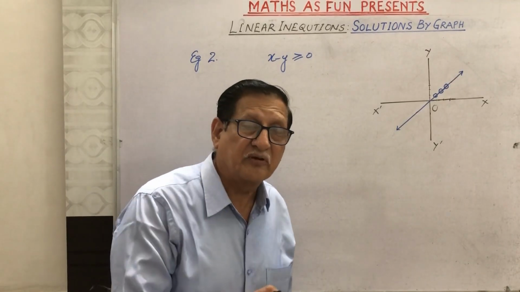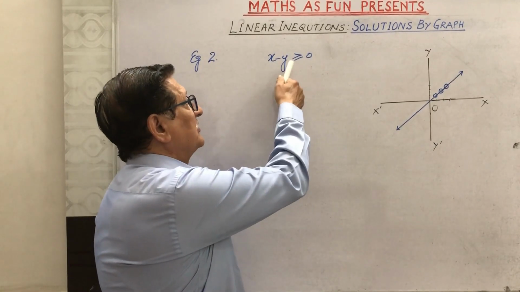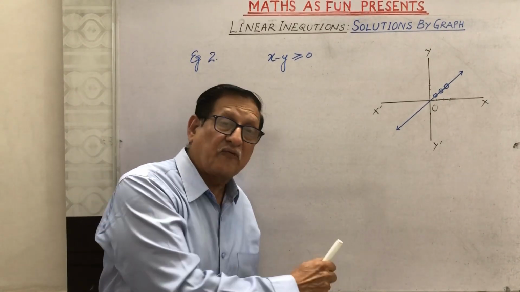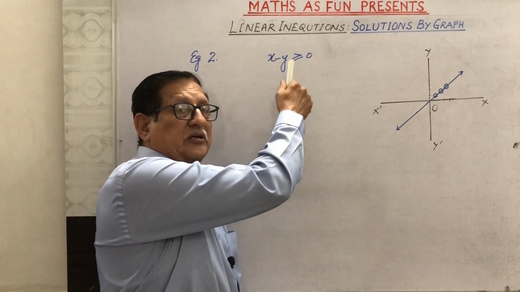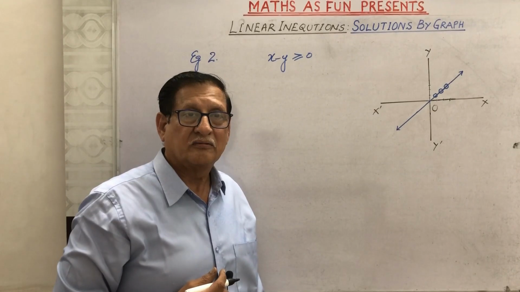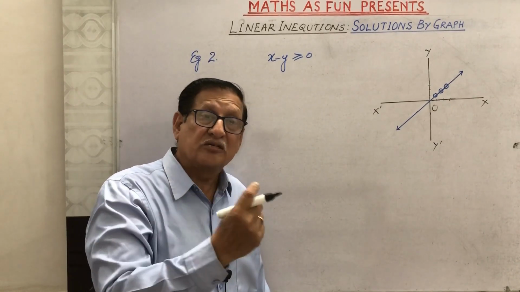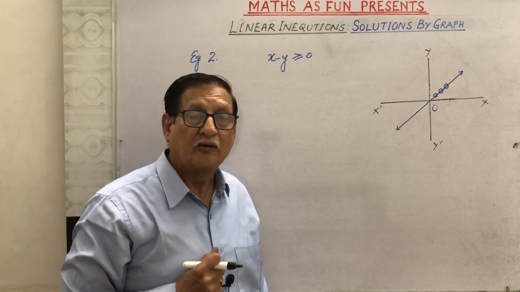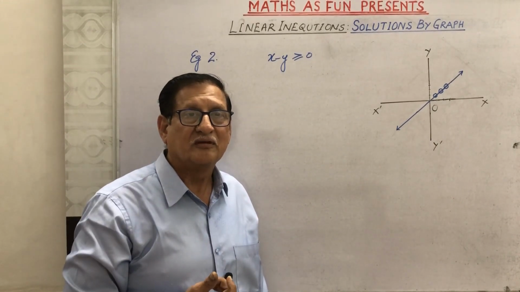The next example we have to discuss here is x minus y greater than or equal to 0. Why so? In this we are finding that the origin lies on the equation. Then origin is not the point to decide which space is the solution space of this inequality. What we do in such case?